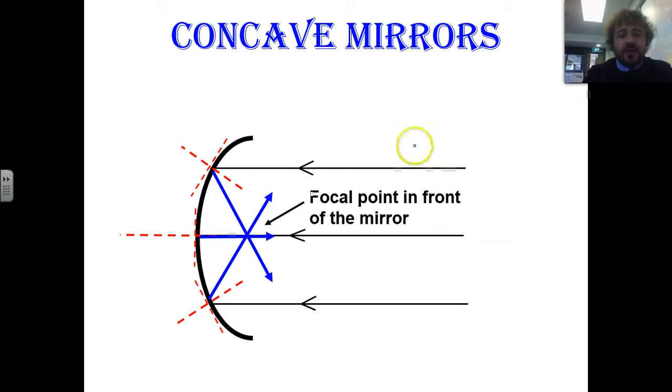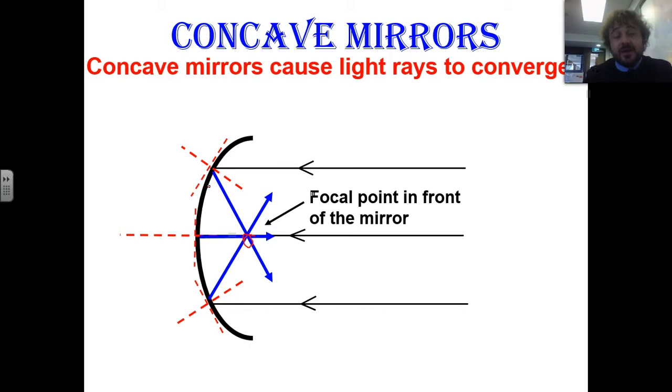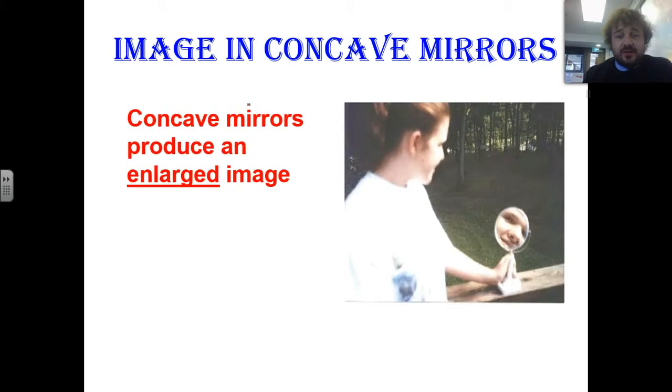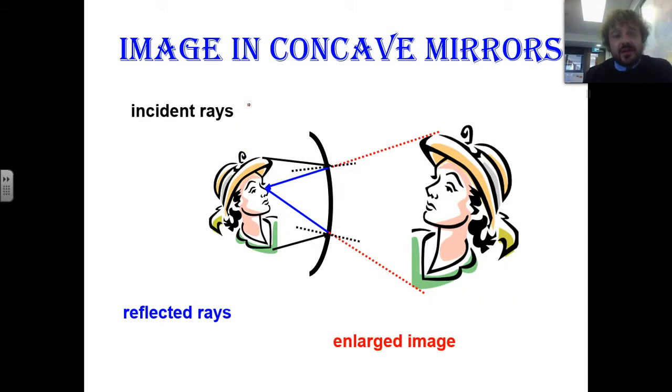So the focal point in the middle here, this is the only part I want you to write down from this one, I want you to draw this diagram. So that's our focal point. And of course the concave mirrors cause light to converge. So don't stress about that, we'll get back to that one later on.